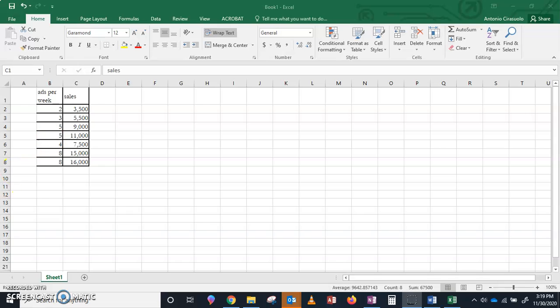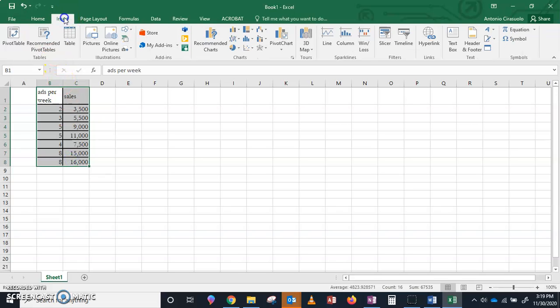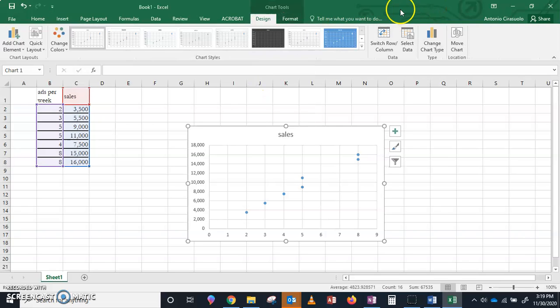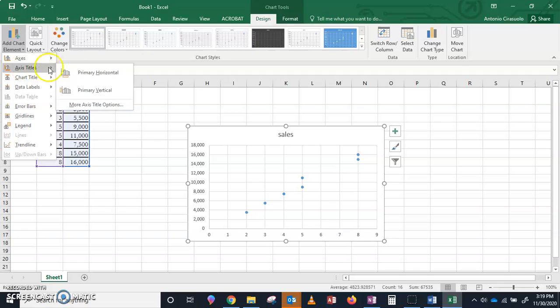Next, as I did before, I'm going to select my data, and I'm going to go Insert, Scatter Plot. Oh, my mouse is having a mind of its own. And there we go. There's the relationship, and we should put our labels on the axes.